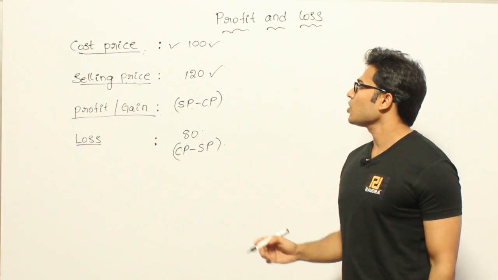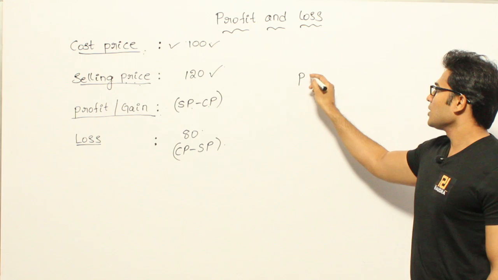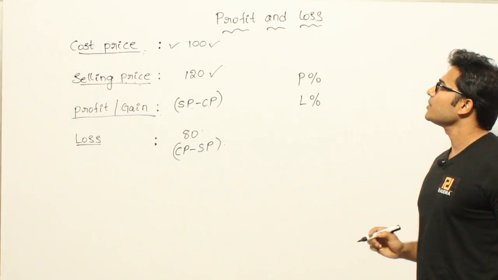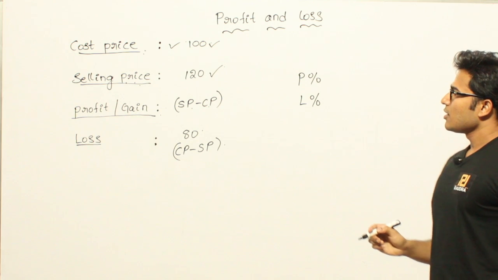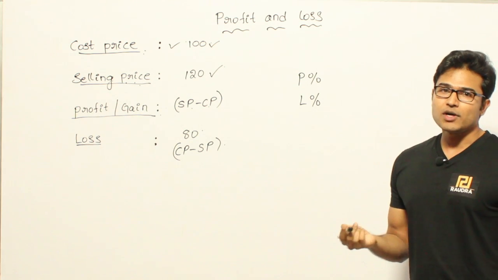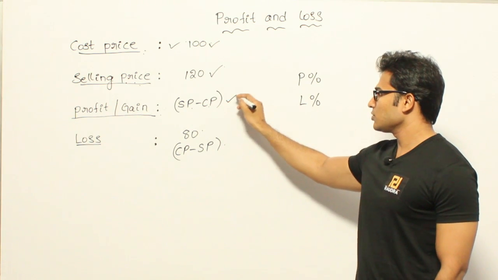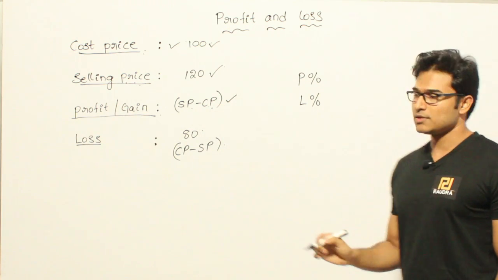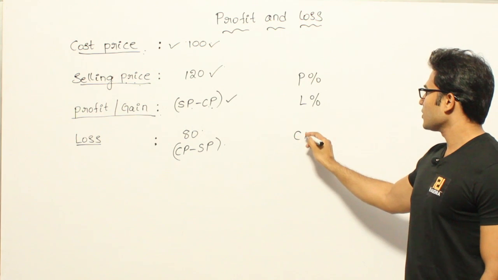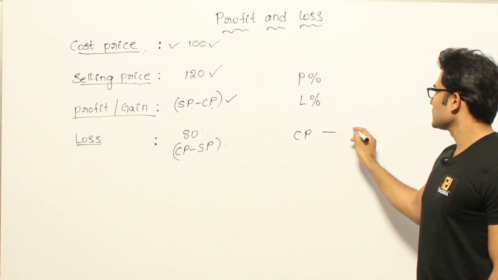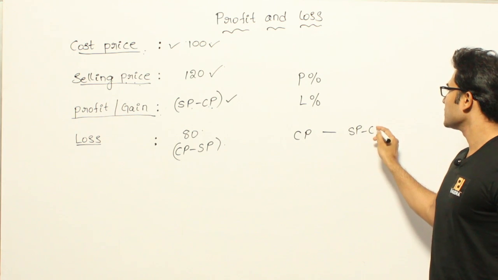And sometimes they will talk about profit percent or loss percent. Profit percent or loss percent is what your profit is per 100 rupees. So this is the profit given that your investment is CP. For an amount of CP, which means for some cost price, your profit is SP minus CP.